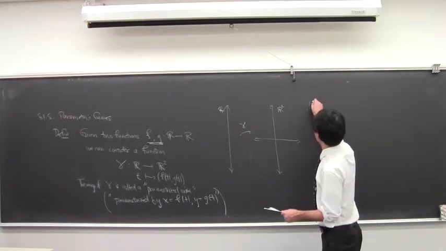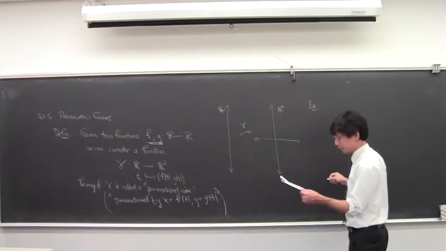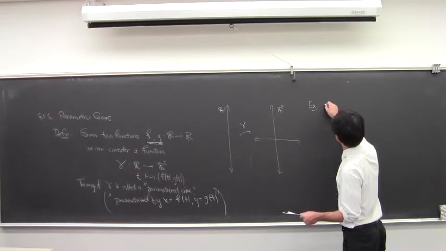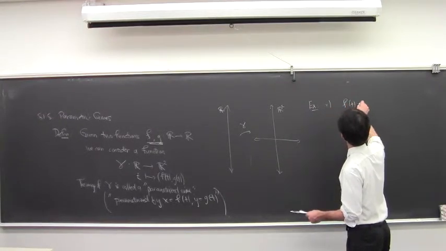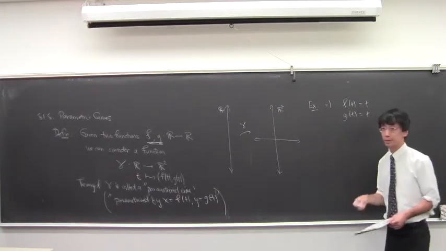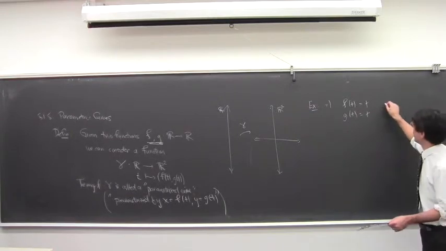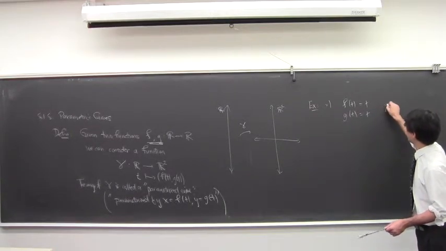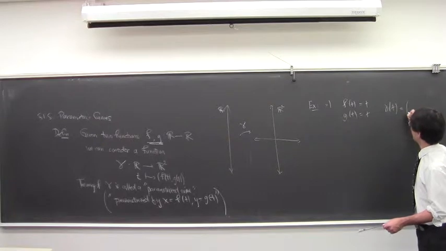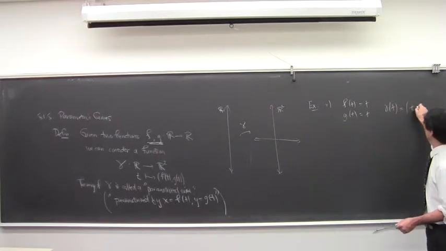Okay, so let me give some simple examples. One, if f of t is t and g of t is t, then what's gamma going to do? It'll take t to f of t, g of t, so just t comma t.